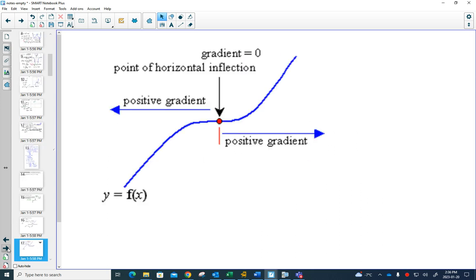Here's our point of inflection. At a stationary point of inflection, your graph doesn't change direction. See how this one was increasing and then still increasing afterwards.